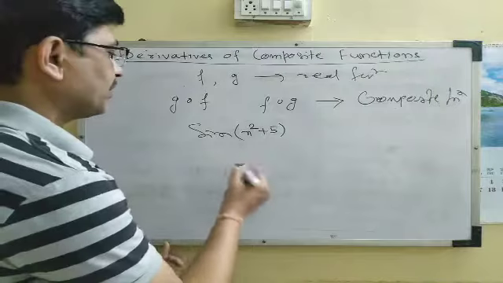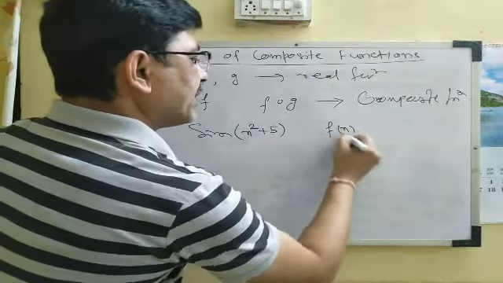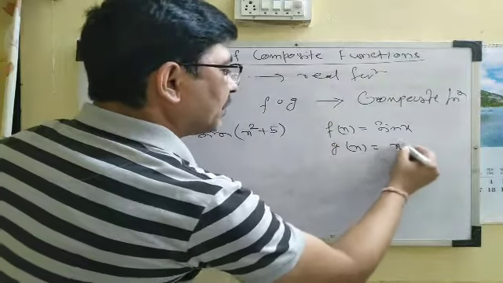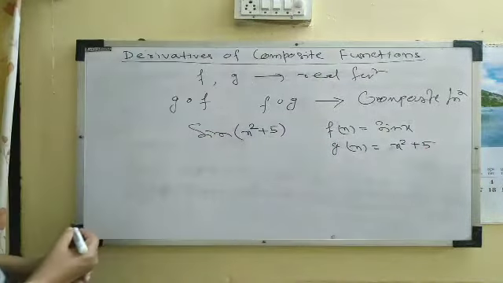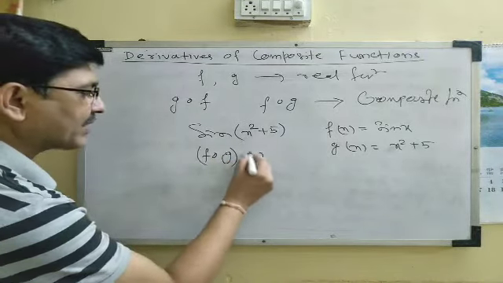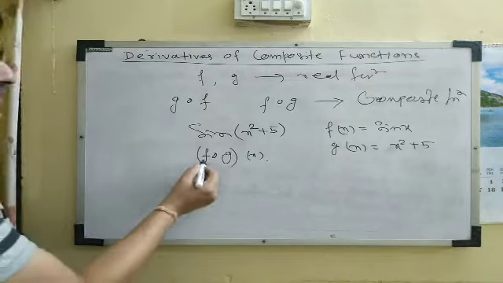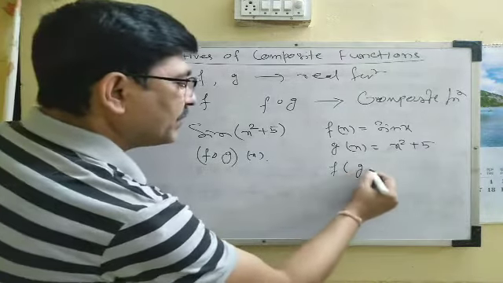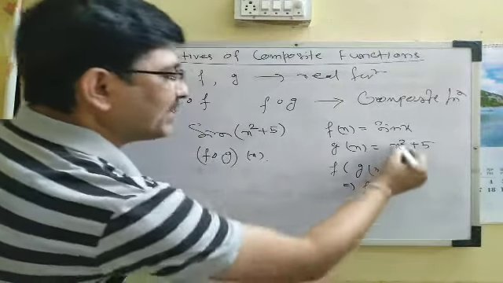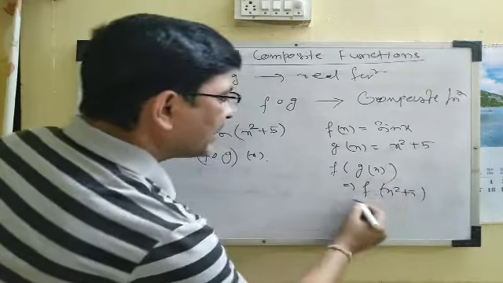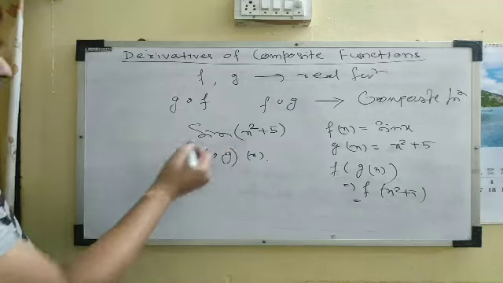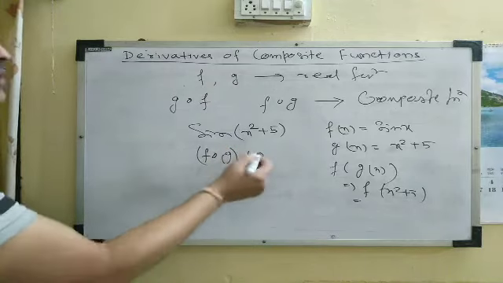Suppose f of x is equal to sine x and g of x is equal to x square plus 5, then this function can be written as g naught f of x, which is equal to f of g of x. f of g of x is f of x square plus 5, which is sine of x square plus 5. So this function can be represented as g naught f of x.